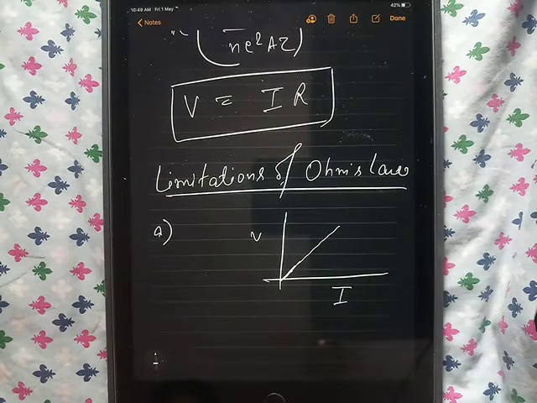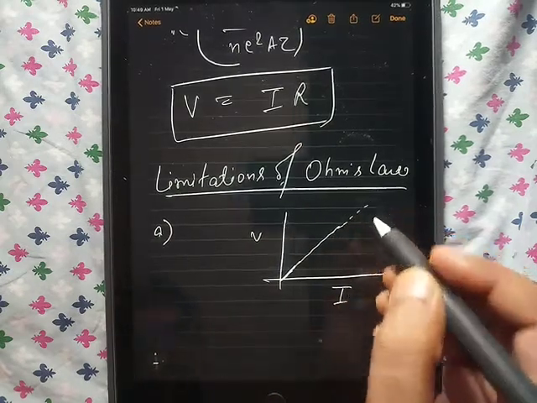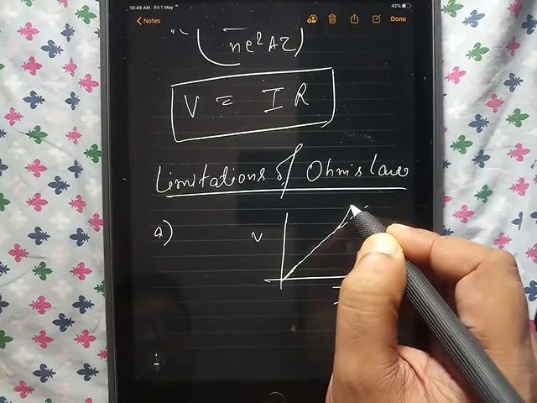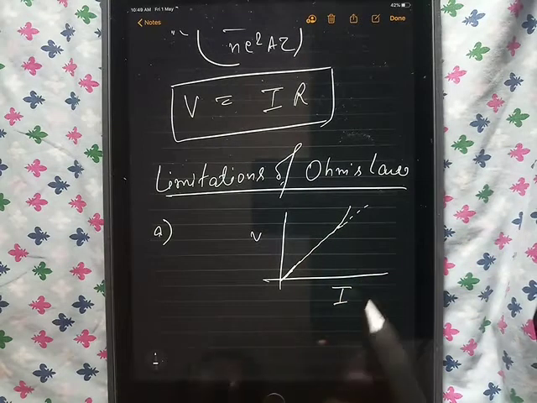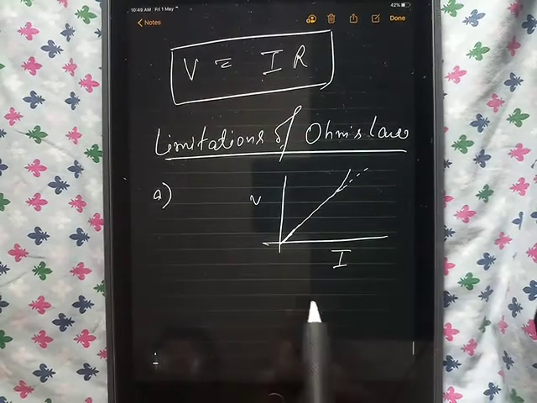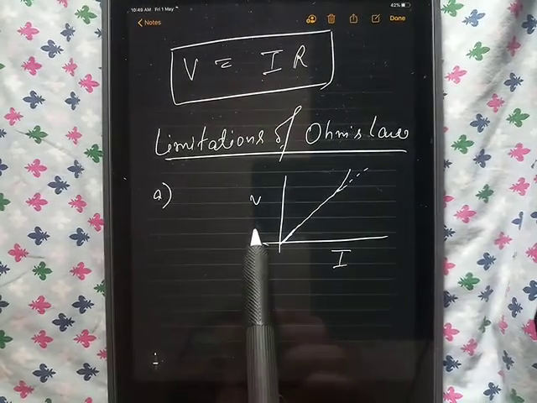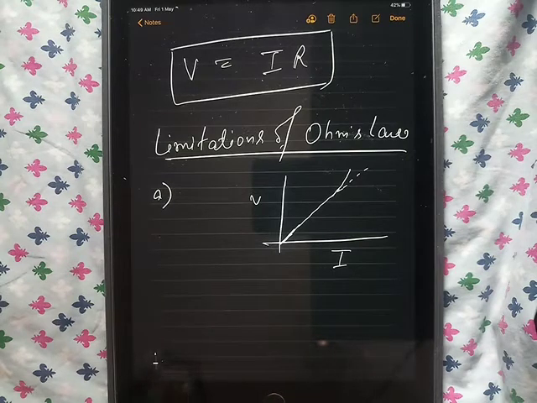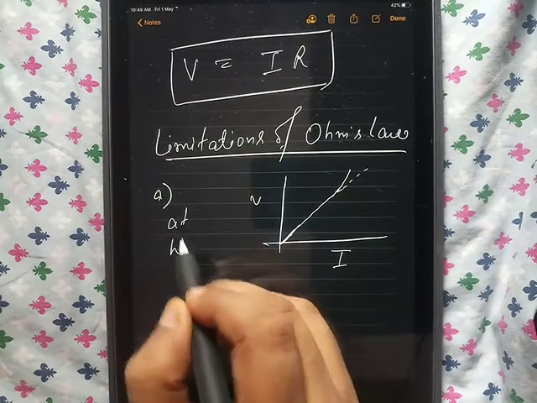But at greater voltage, the temperature will also increase. When temperature changes, there is a variation in Ohm's law, the graph will not go straight, and there will be a curve. So at higher temperature, or we can say at higher voltage, Ohm's law is not obeyed, and the voltage will not be directly proportional to the current. This is the limitation of Ohm's law at higher voltage.